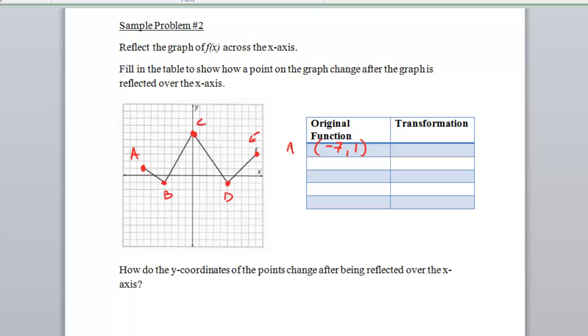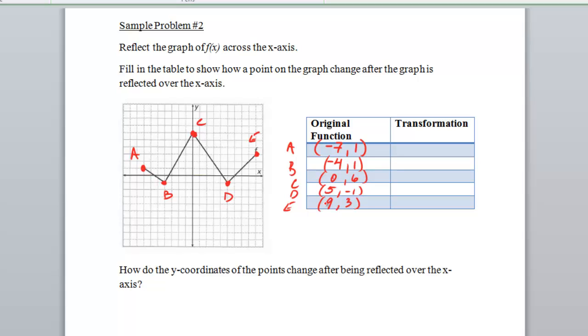And so that's A. Now you see I have the handful of points from my original function. I just made it easy for myself. I used some endpoints and some vertices, places where the segment changed directions, to make life a little bit easier.